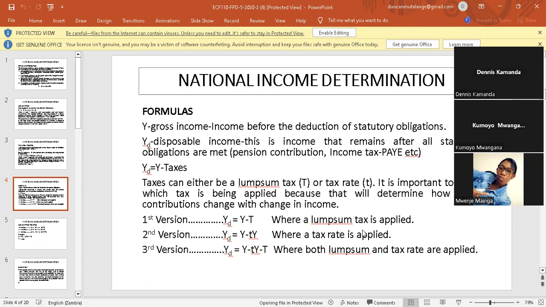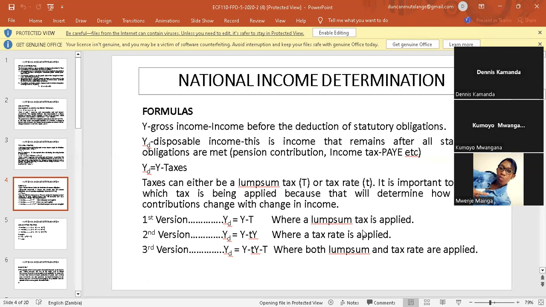So you know the 20% is, in terms of a number, 0.2, isn't it? So if I'm earning 1,000 kwacha, and the government is collecting 20% tax, you get the 20%, then you multiply it by the 1,000 to see how much money the government is going to collect, which will be 200 kwacha.